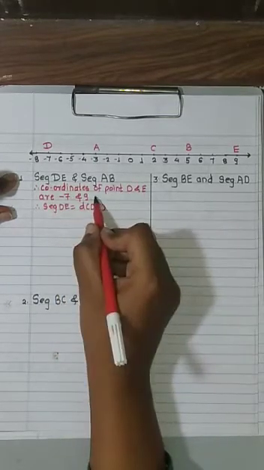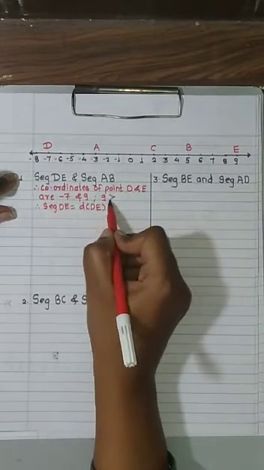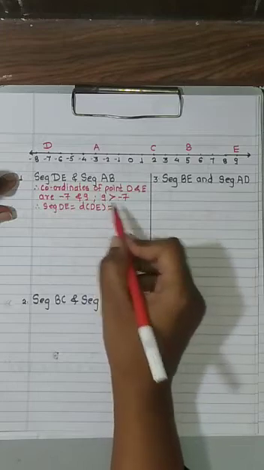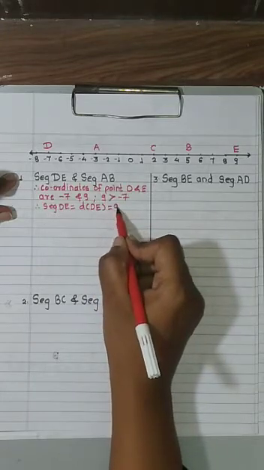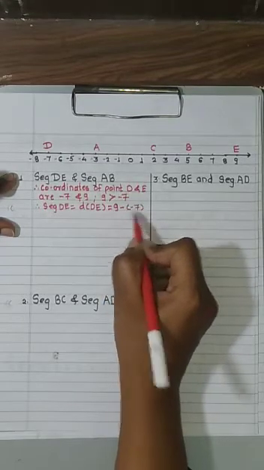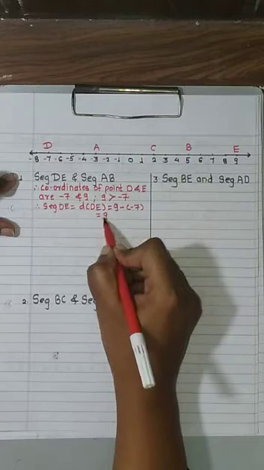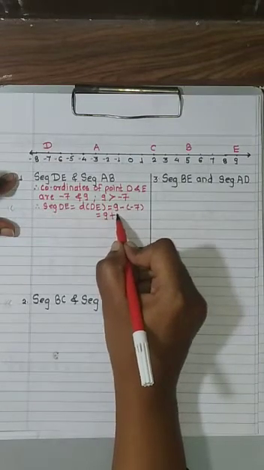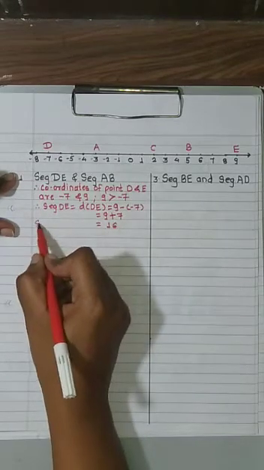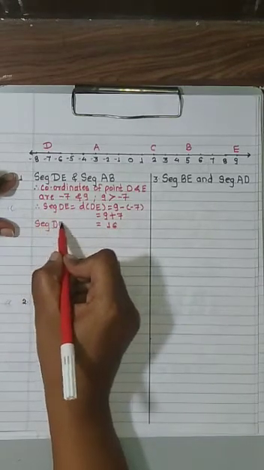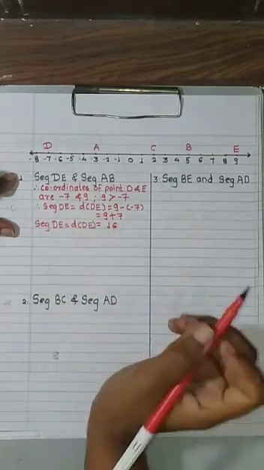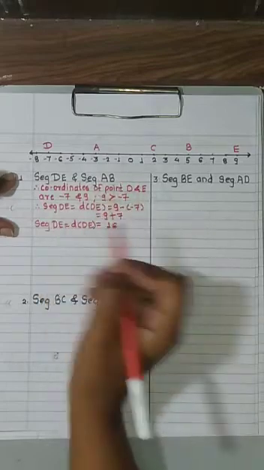Now you can see here 9 is greater than -7. Therefore, you will subtract -7 from 9. Now 9 minus -7, minus will become plus, that is 9 plus 7 is 16. Therefore, seg DE is equal to distance DE is 16. Now we'll find AB, distance AB.